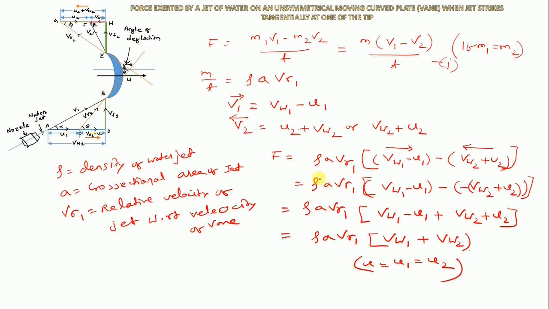So this is the formula of force that is exerted by a jet of water on an unsymmetrical moving curved plate when the jet strikes tangentially at one of the tips. We have already found that Fx is equal to, where here I have written Fx because the force is applied on the vane in the direction of x, that means in horizontal.